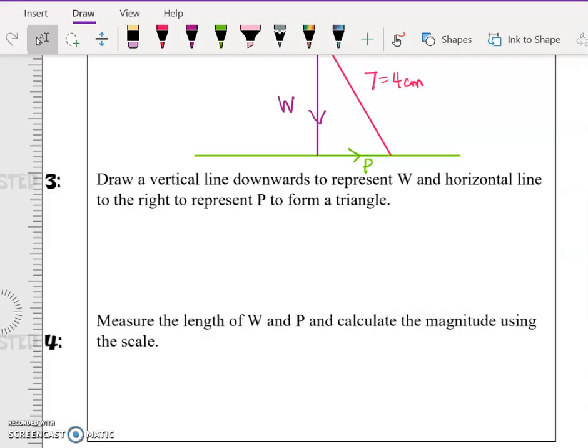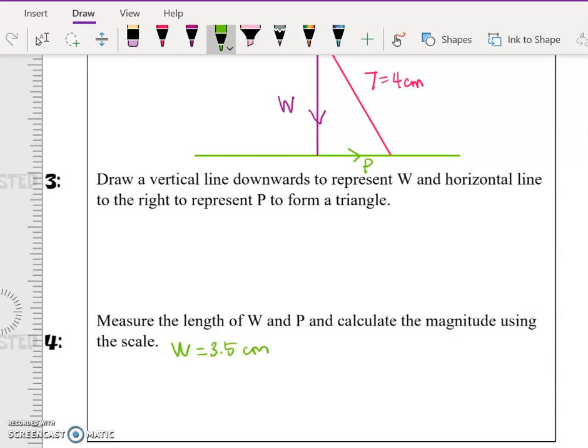Okay, next one. Measure the length of W and P and calculate the magnitude using the scale. Use your ruler to measure the length. So when you use the ruler, you will get W equals to 3.5 centimeter.